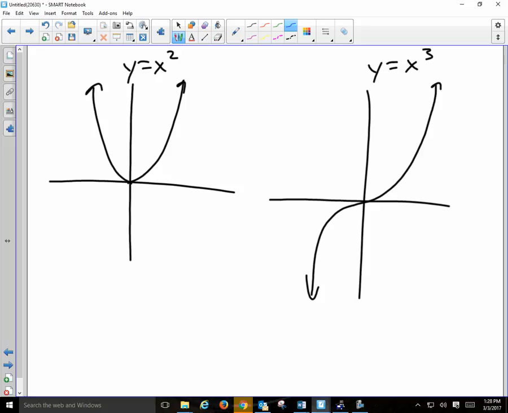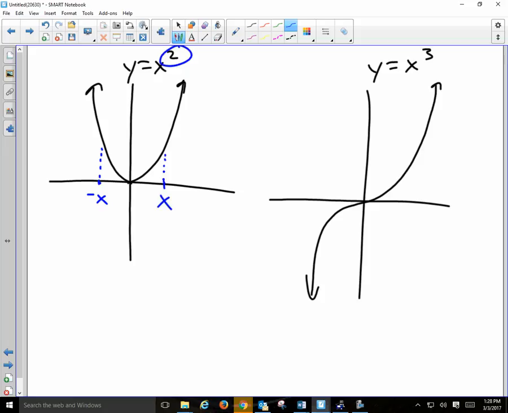So watch what happens. This is teaching you even and odd identities. If I plug in a positive x, do I get out a positive or negative result? If I plug that same x value in, but on the other side, so that's negative, I get out the same value that I did before, right? That's because this is an even function. And even functions, you get the same thing on the right as you do the left.